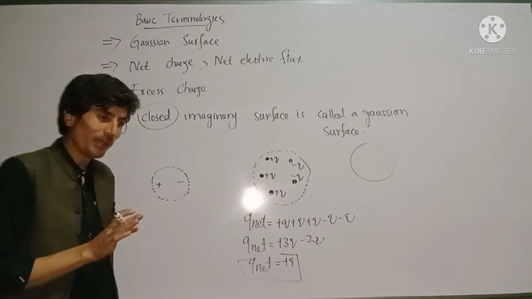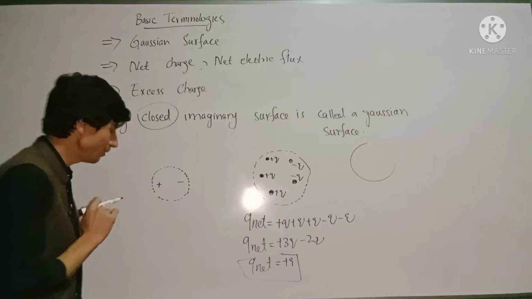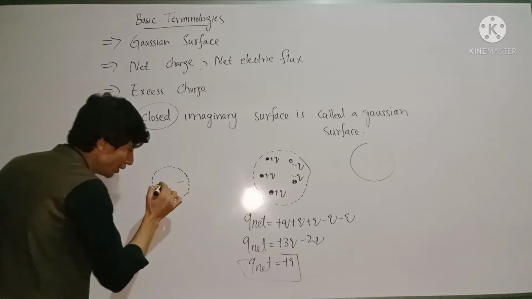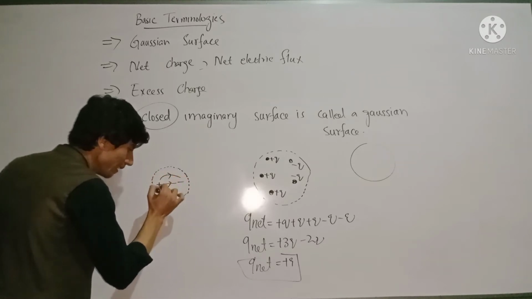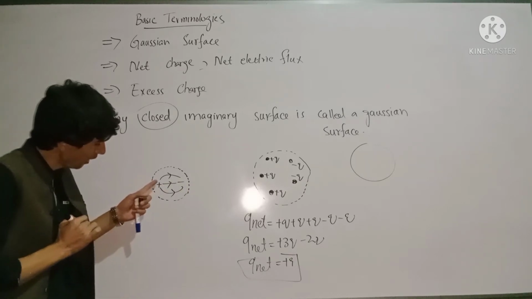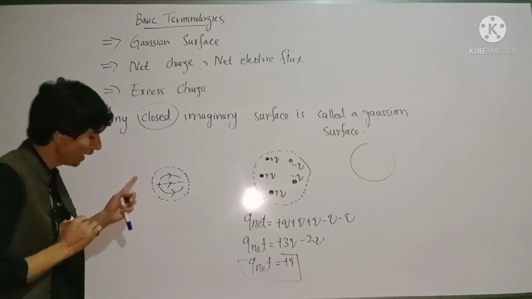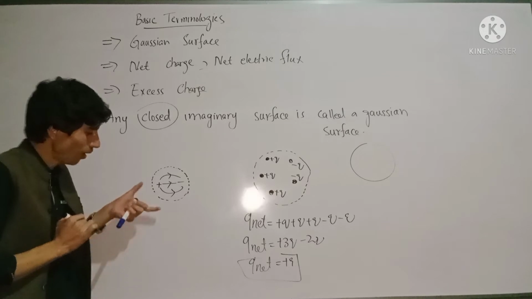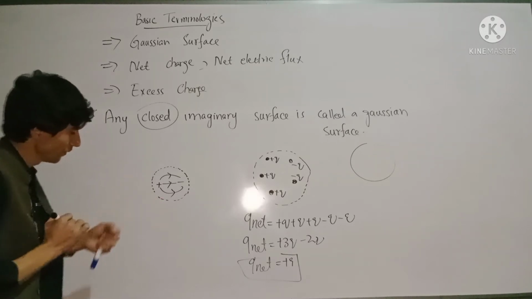The electric field is usually represented by electric field lines which point from the positive toward the negative charge, like this and this. But student, there are infinite electric field lines, and we will consider just a few of them to understand the concept behind the net electric flux.